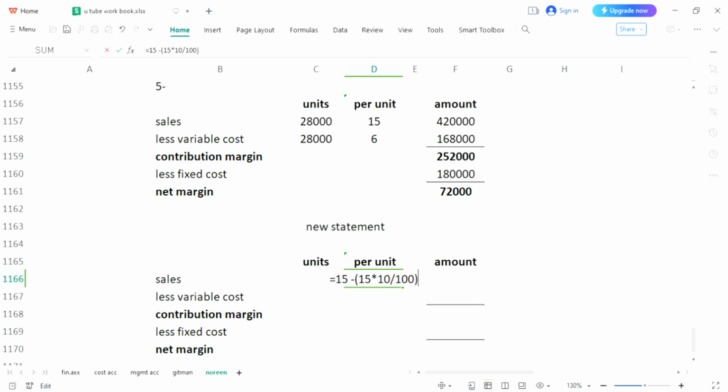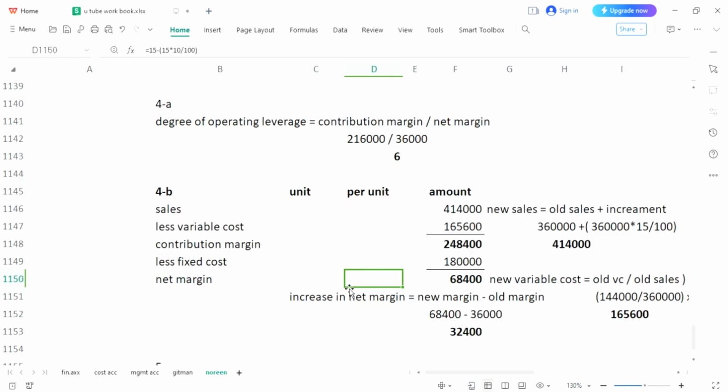Now please understand, 15 was the original sale price per unit, and they are asking to reduce the selling price by 10%. So we have taken 10% of 15, which is subtracted. This way your new selling price is 13.5.